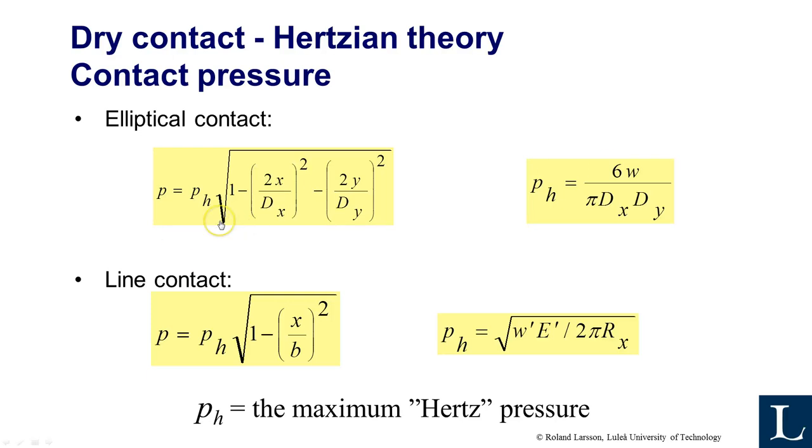And at this center of the contact, the pressure is pH, the Hertz pressure, what we usually call that. And this Hertz pressure can be computed from this expression. For the line contact, it's the same, but there is no variation in the y direction because it's infinite length. And the maximum pressure is found from this expression.